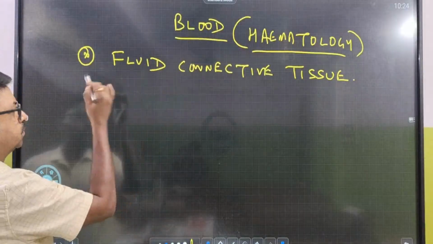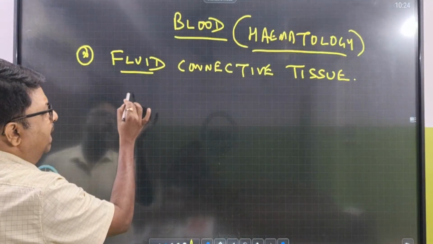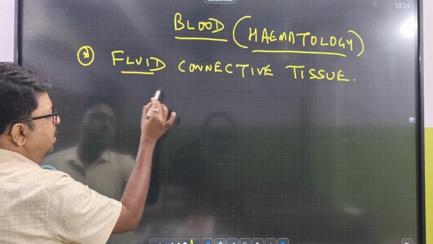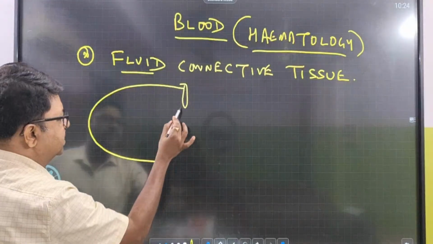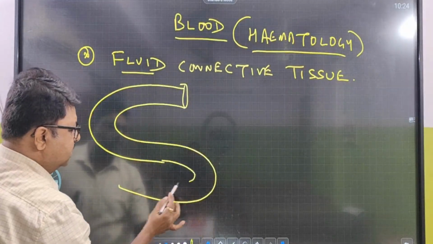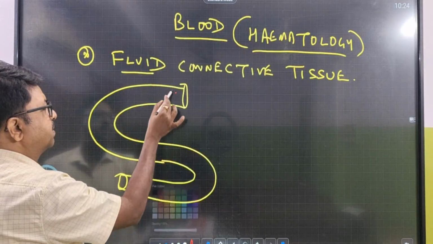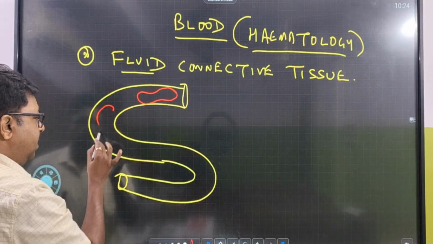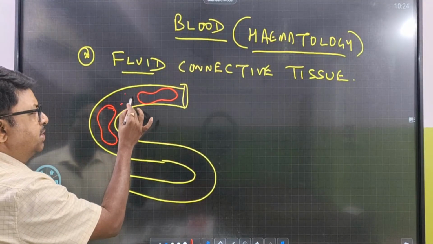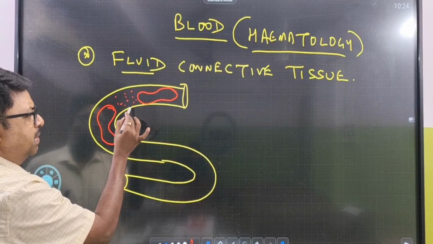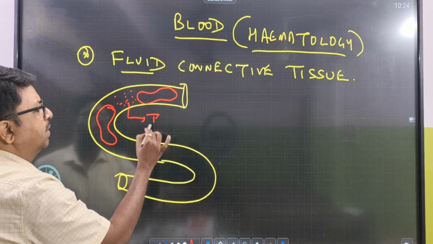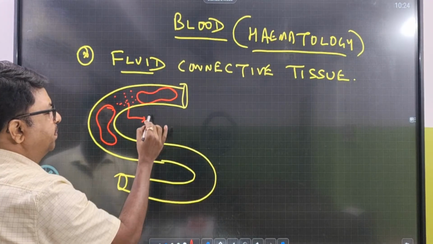Now, why is it called fluid? Because the gap between two cells is huge. Consider if this is a blood vessel, inside it you can see RBC is present. So this is RBC, this is another RBC. In between two RBC, you can see what is present is intercellular space.